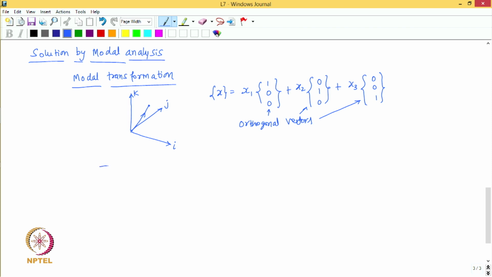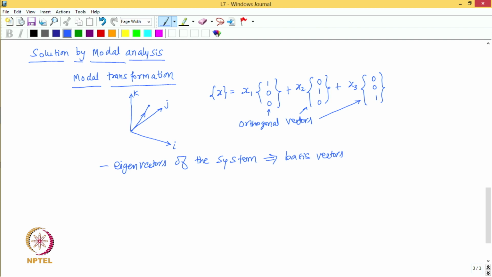So, in modal transformation, the eigenvectors of the system are taken as the basis vectors, which means they are chosen as the vectors to expand the displacement vector x.